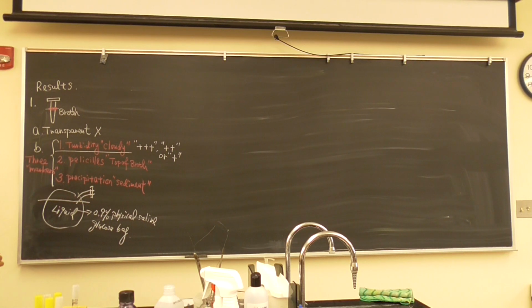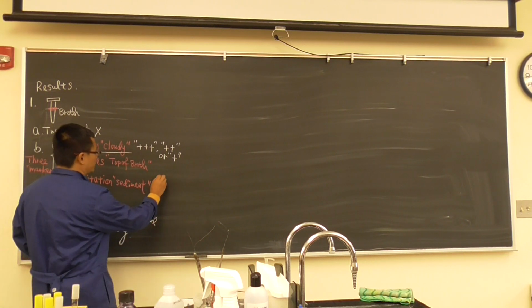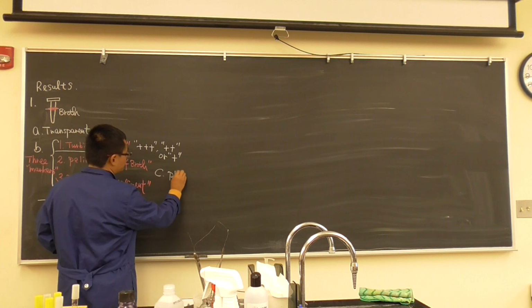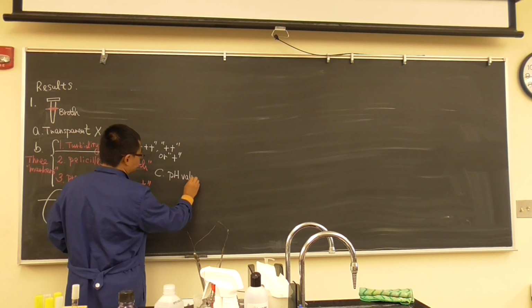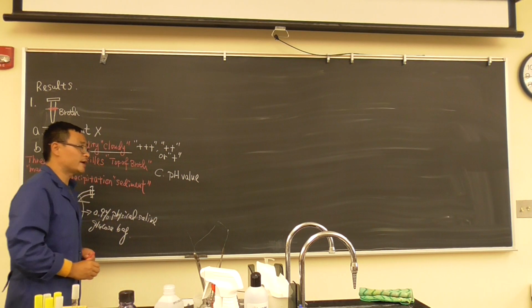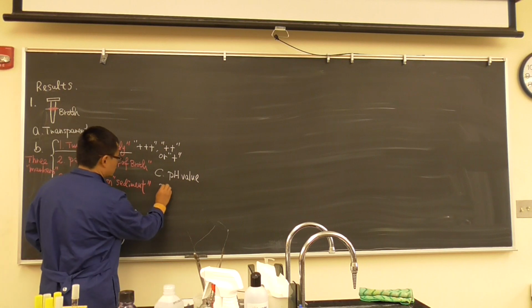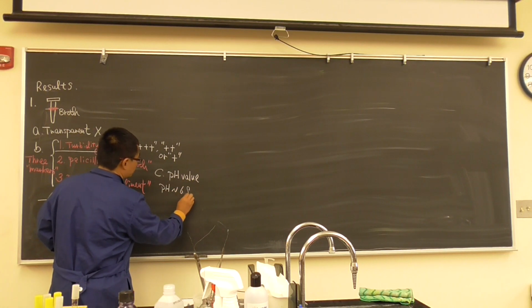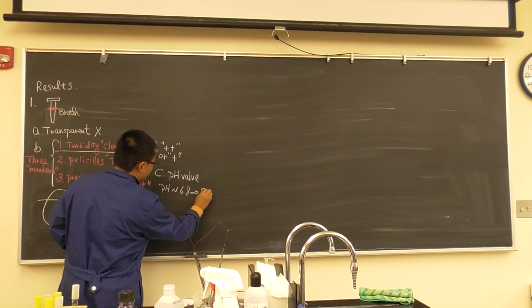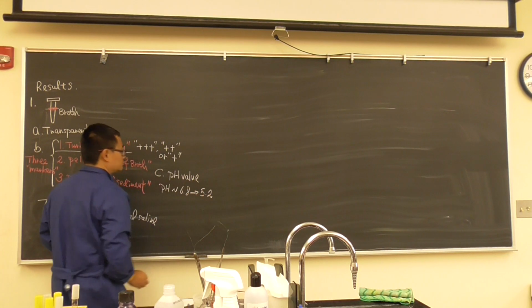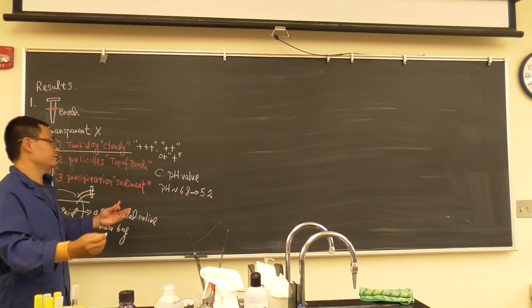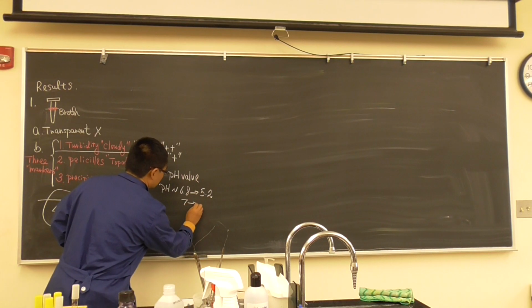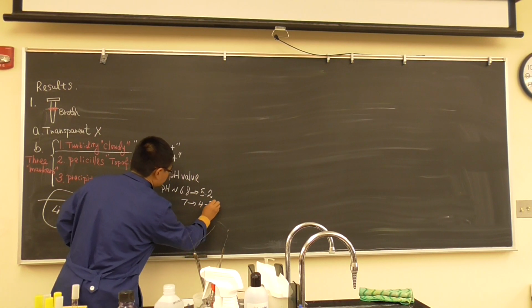Another thing I also want to tell you about how we can determine bacterial growth. We can measure the pH value of the solution. After growing bacteria, the pH will decrease from around 6.8 to about 5.2, or like 7 to 4 or 5.